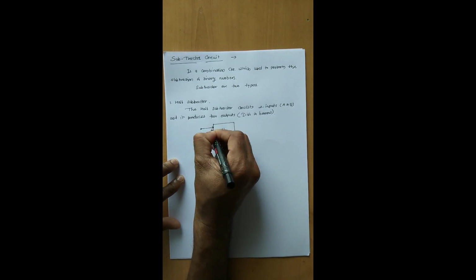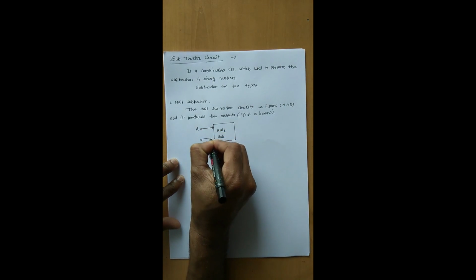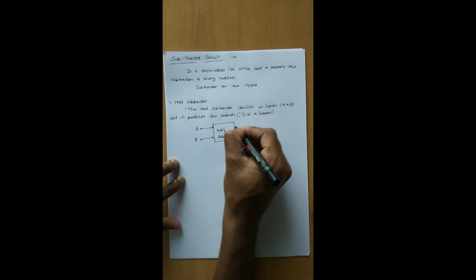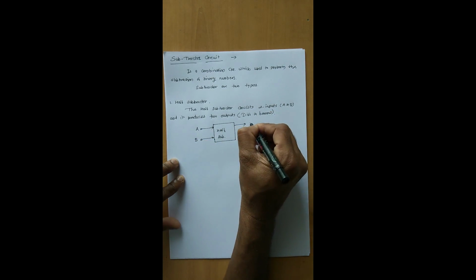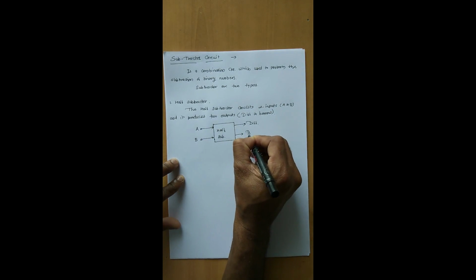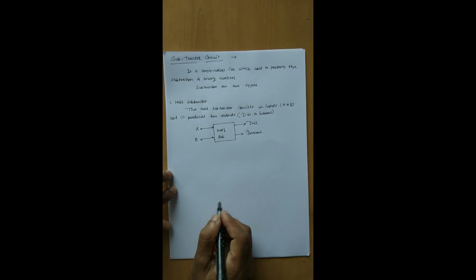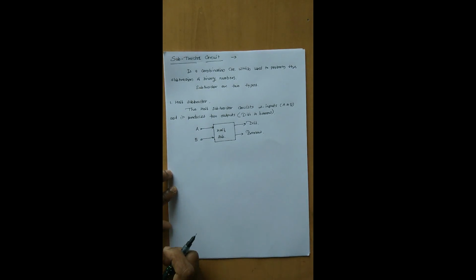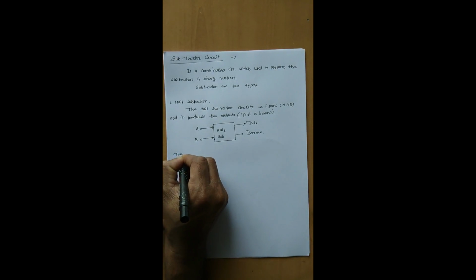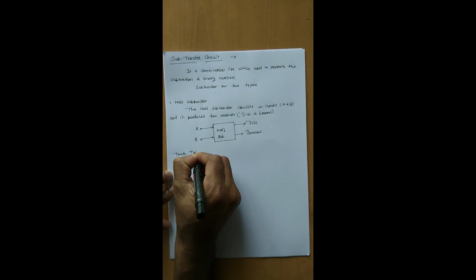The inputs are A and B and the outputs are difference and borrow. This is the simple block diagram of the half subtractor. The next step is the truth table.